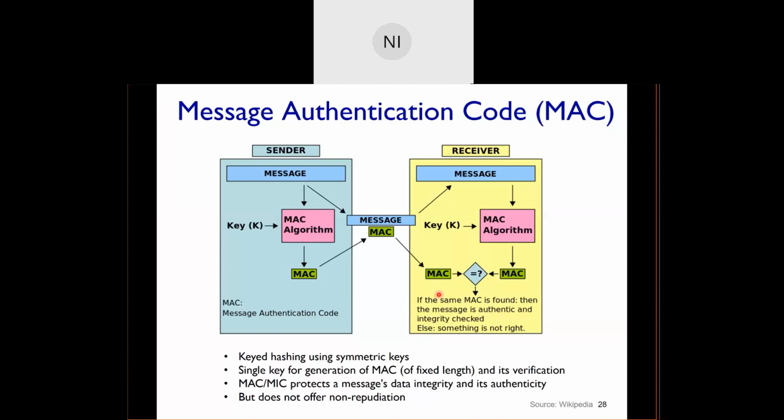Because they are using the same key, I can regenerate a new MAC on the tampered or modified message. So because of that, message authentication codes, which are based on symmetric key cryptography, don't give the non-repudiation guarantees, which are also equally important when you're talking about secure communication over the internet and other media.